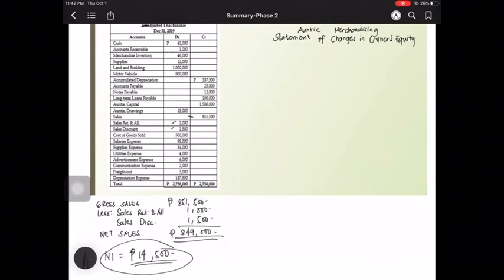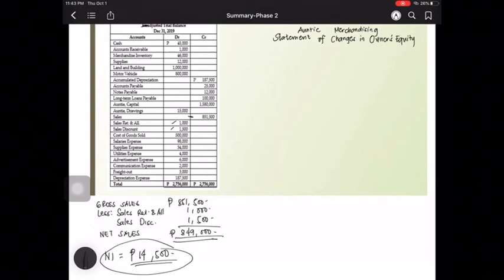Take note that the elements involved here are also temporary accounts because they are ultimately closed against your owner's equity account. Meaning when we prepare your statement of financial position or the balance sheet later on, these elements found in your statement of changes in owner's equity, except for your owner's equity end or your capital end, will not anymore be reflected in the balance sheet.